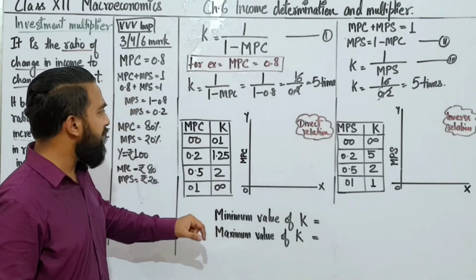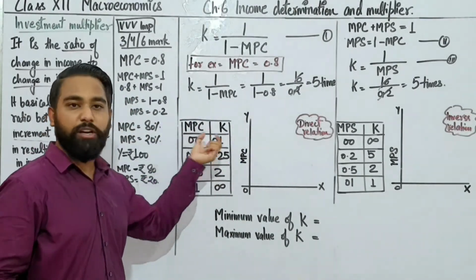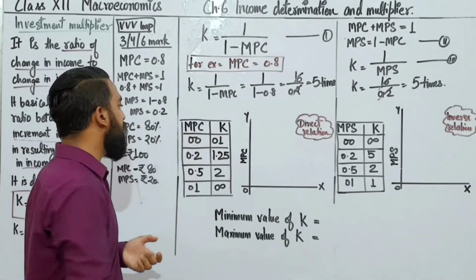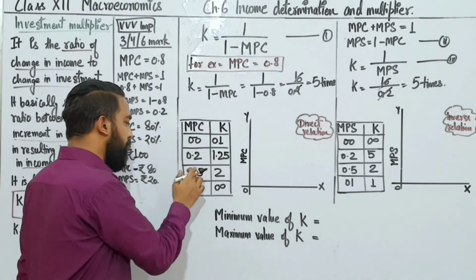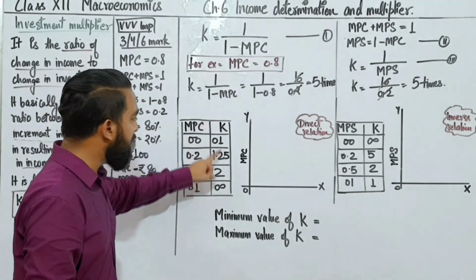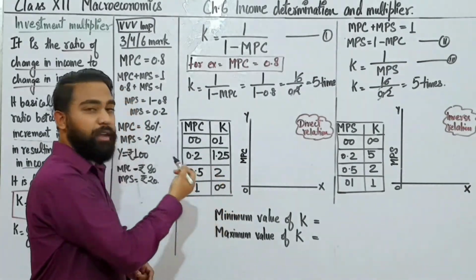Now if you see the relation between MPC and multiplier, when the MPC is increasing 0, 0.2, 0.5 and 1, the multiplier is also increasing 1, 1.25, 2 and infinite.